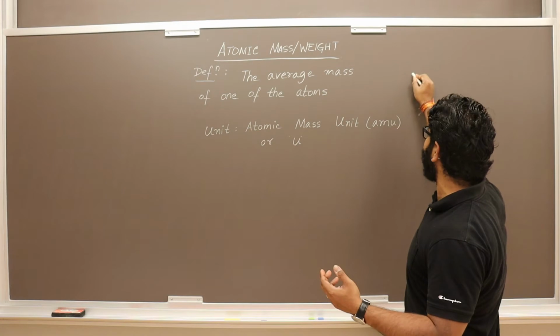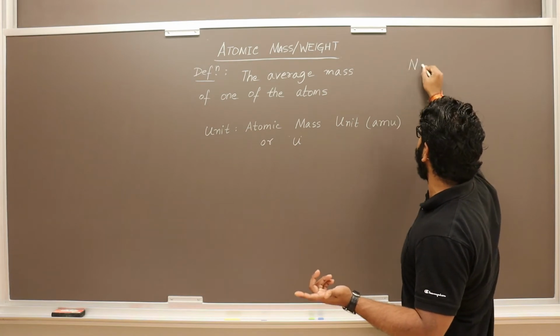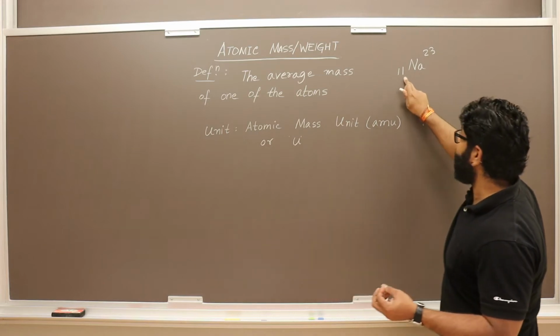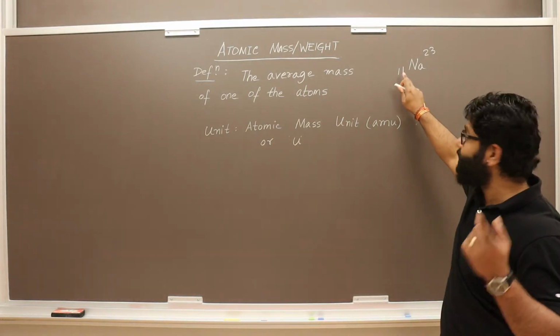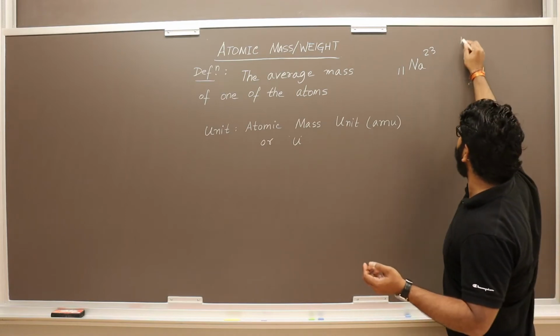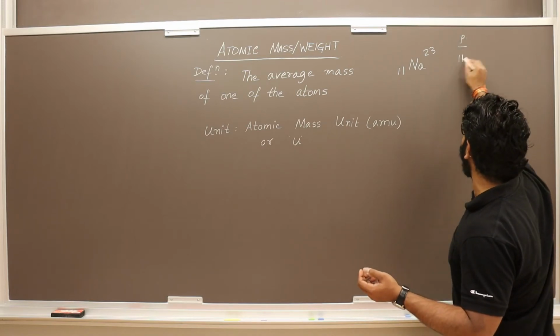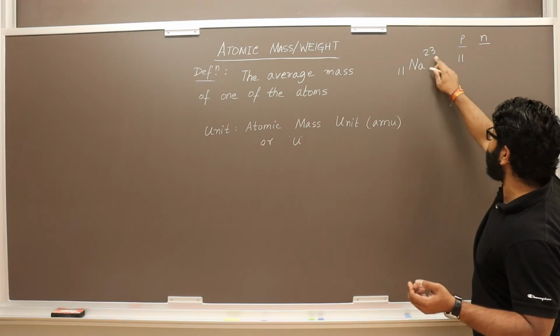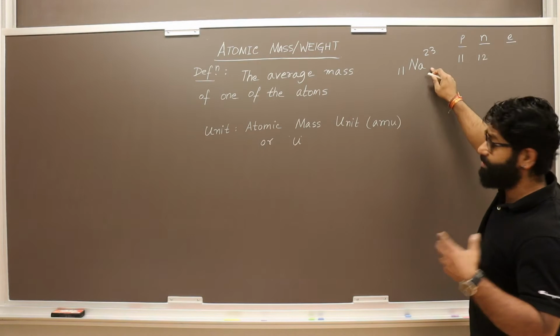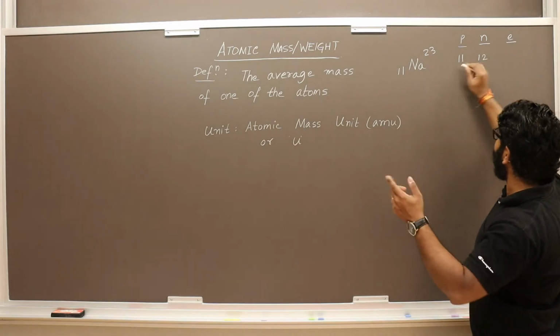If we take the example of, say, sodium, the atomic number is 11, the mass number is 23. Therefore the number of protons is 11, the number of neutrons is 23 minus 11, which is 12, and the number of electrons, since it's a neutral atom, is again 11.